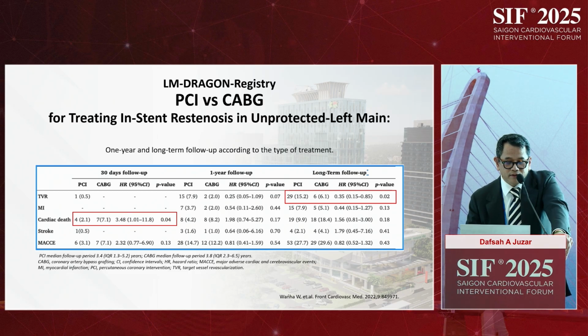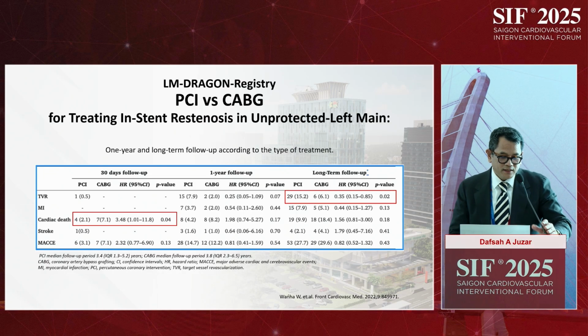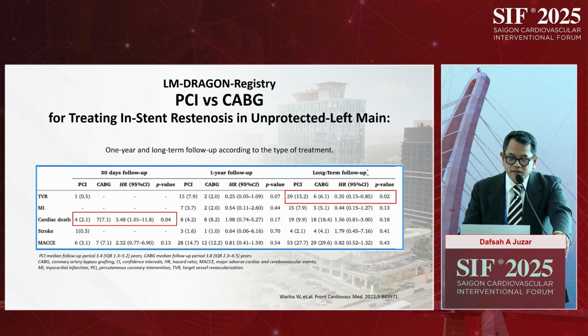This you can only get from the registry, from the DRAGON registry. If you compare PCI and CABG for treating restenosis, ISR in unprotected left main, you can see for the first 30-day follow-up, actually cardiac death is higher in the CABG.